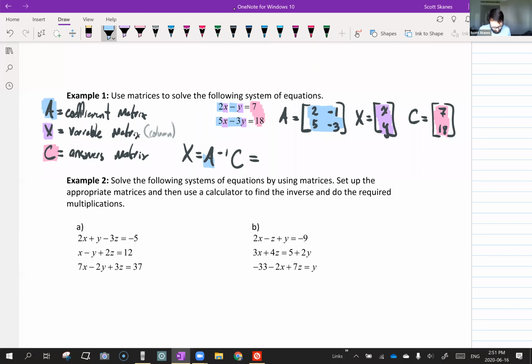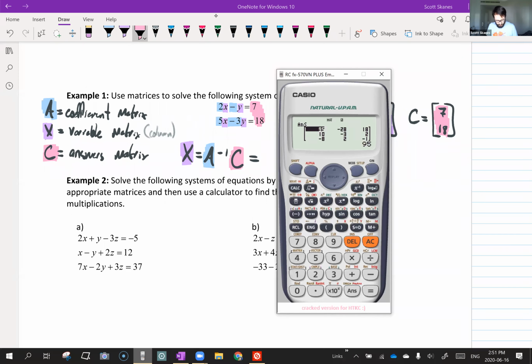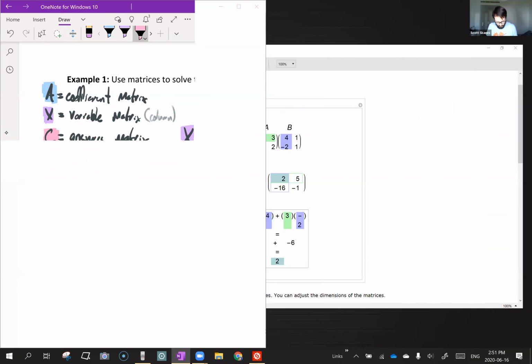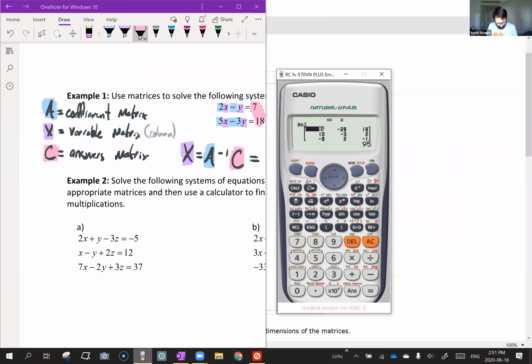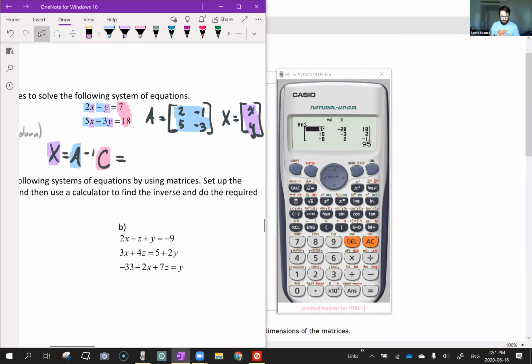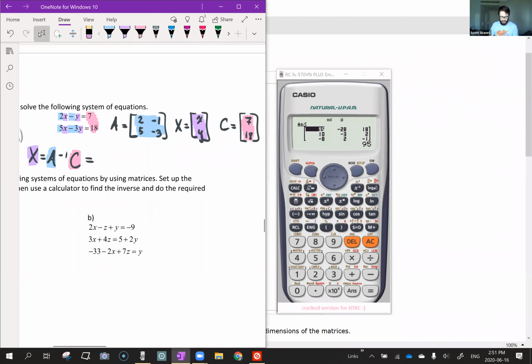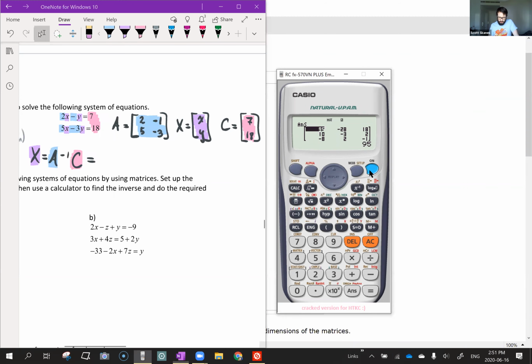Once again, it's not A, it's the inverse of A. That will give us x if we multiply it by C. So let me show it on the calculator. I'll show it on this one because it'll be more clear that way. It'll take me a second, so you'll need to do this as well. But all we need to do now is put in the matrices A and C. And I'll show you how nice and easy this is.